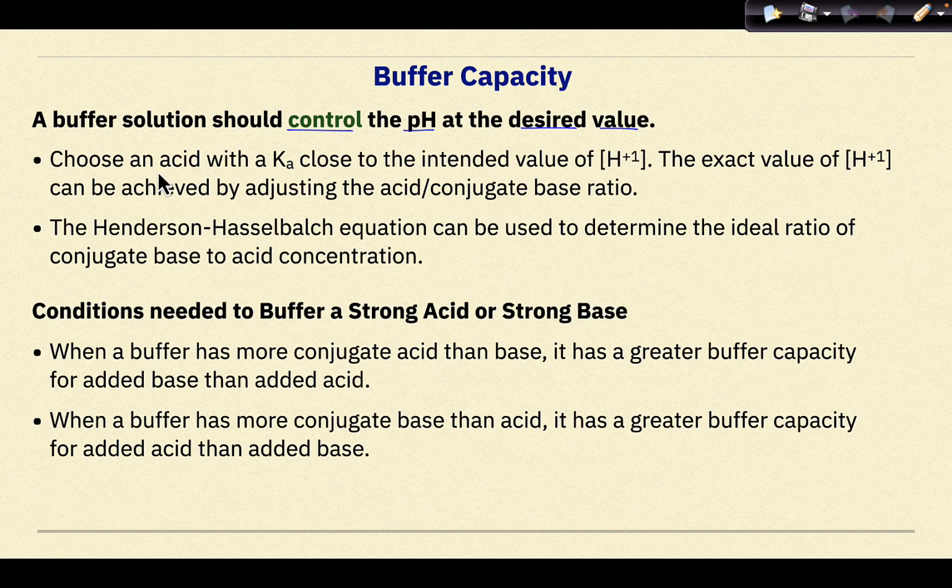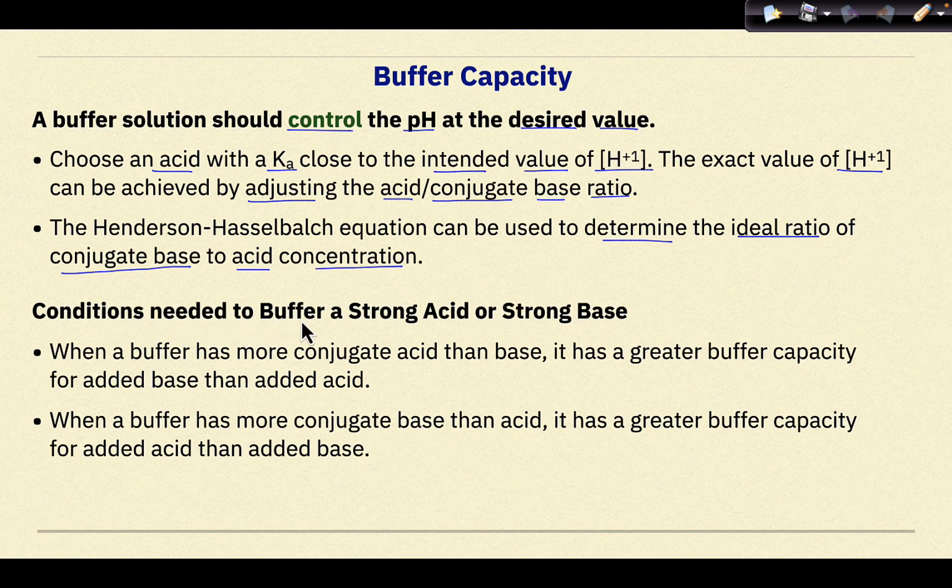So we need to choose an acid with a Ka close to the intended value of the hydrogen ion concentration. The exact value of the hydrogen ion concentration can be achieved by adjusting the acid to conjugate base ratio. The Henderson-Hasselbalch equation can be used to determine the ideal ratio of conjugate base to acid concentration.